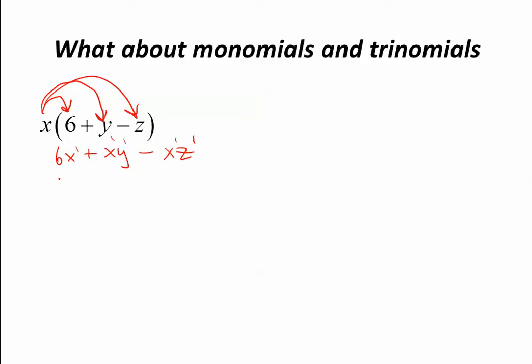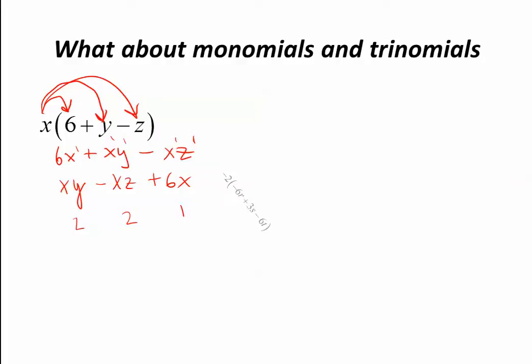So we'll rewrite this as xy minus xz plus 6x. So notice that we have a degree of 2, 2, and 1, and yz comes in alphabetical order. So that basically simplifies that when we have two variables with different degrees multiplied as a term.